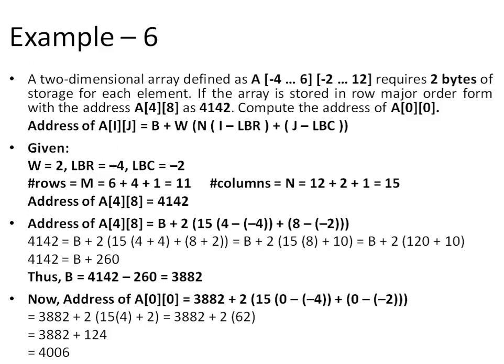So solving the equation for row major order using I and j equal to 0, we will get the required address of A0, 0 as 4006, that is 4006. In this way, you can get the address of any element either in a one-dimensional array or in a two-dimensional array, provided all the required information is given to you.